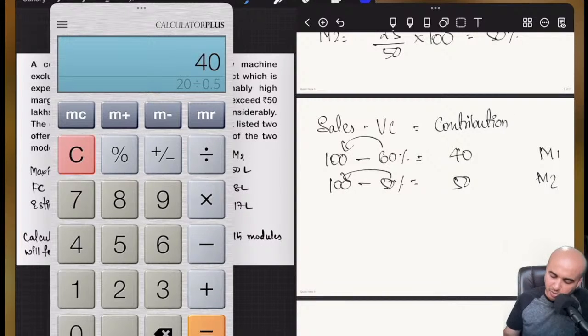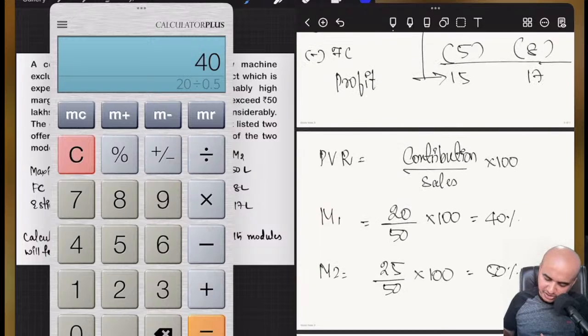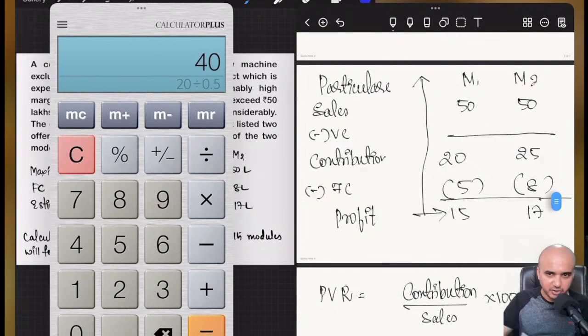So this is the important thing which we achieved by identifying the PV ratio: variable cost percentage on the base of sales. So 60% and 50% is what we need to apply with respect to both machine 1 and 2. So 60% of 50, 5 6 are 30, so this will be 30 and 25.